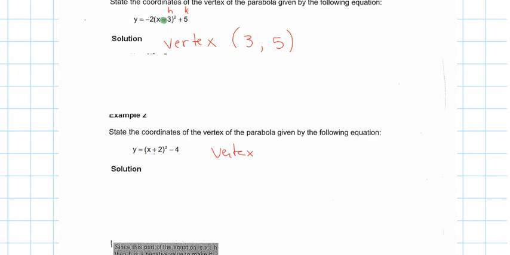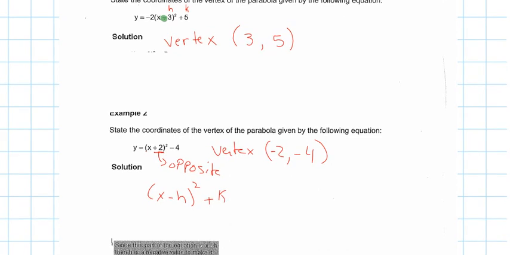2, negative 4. Do you guys agree with that? What is it? What should it be? Negative 2. Right? Because it's going to be the opposite sign. Okay? Let me show you why. This is supposed to be (x minus h) squared. Yes? That's what my formula says. Right?